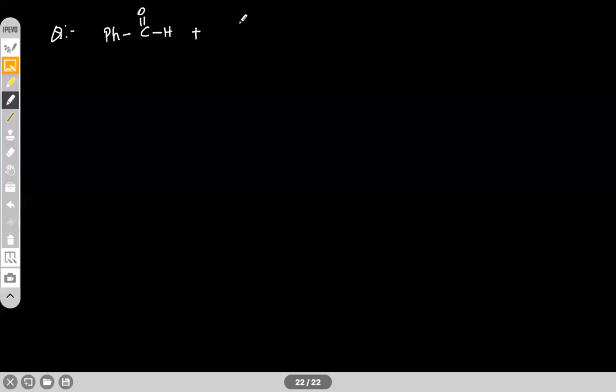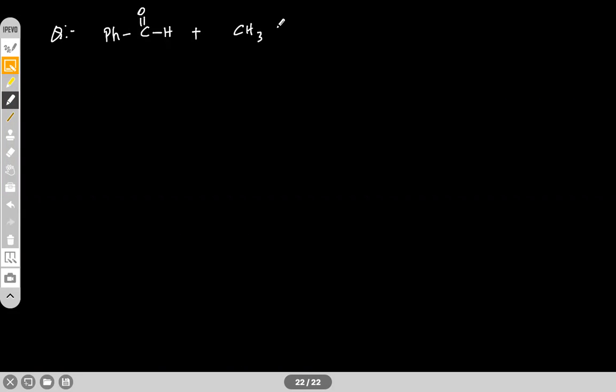Now, write down the product in this reaction. Just one question for practice. We have benzaldehyde, Ph C double bond OH, plus the anhydride CH3CH2 C double bond O, O, C double bond O, CH2 CH3.